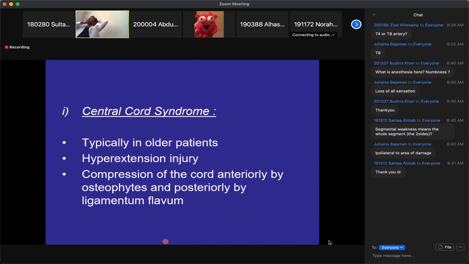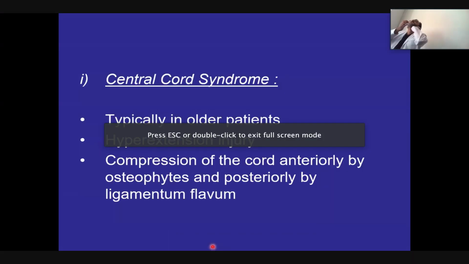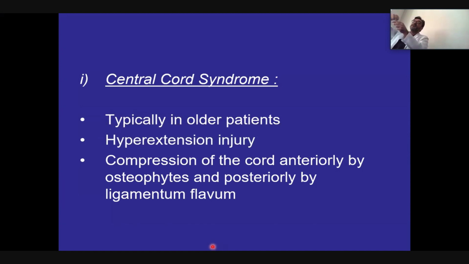Your head goes back like this, and there is either degeneration of the vertebral column, or there are projections coming out from the vertebral column, or the vertebral canal is narrower. So what happens is that if you have this type of injury, a hyperextension injury of the neck, the central part of the spinal cord is going to be affected.